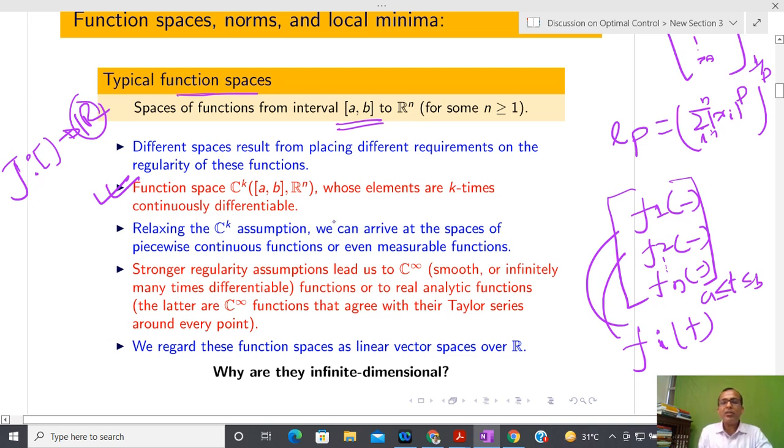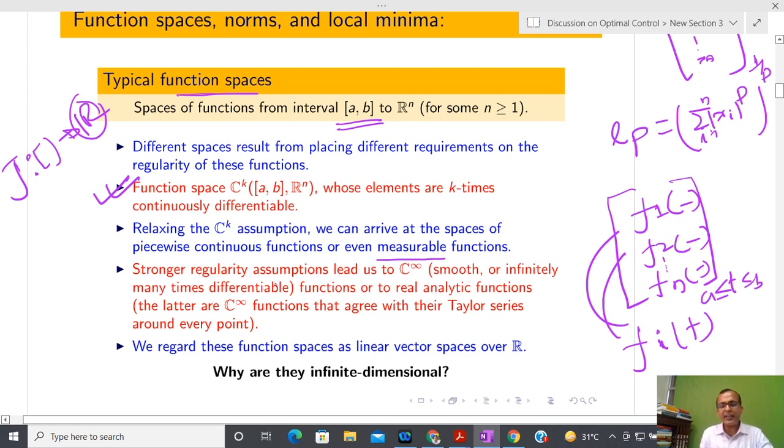Now it might be possible to relax this assumption and remove it. I could consider piecewise continuous functions or some kind of measurable function. We are not going to discuss measurable functions in this course, but if you take an advanced course, you will be able to understand. For the time being, please leave it.